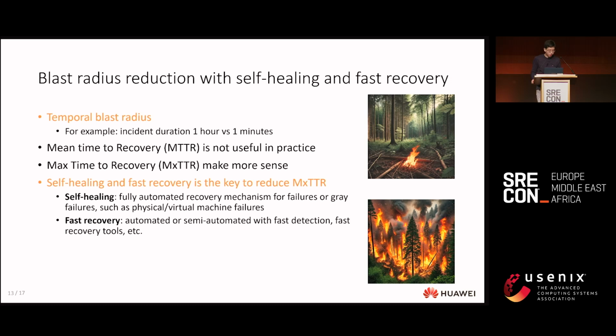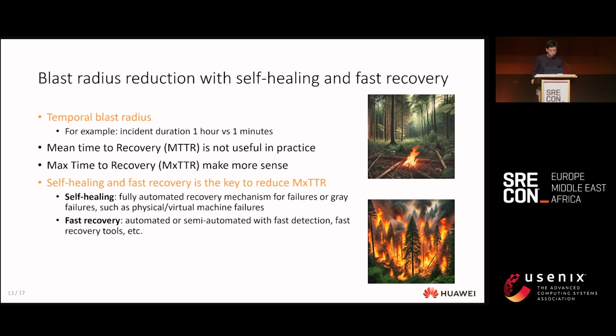There are two strategies. One we call self-healing. Self-healing is fully automated detection and recovery. This is usually good for predictable failures or gray failures. For example, if there's some failure in your virtual machine, or you know the health state of your infrastructure, like a physical machine, then you could do some proactive migration.